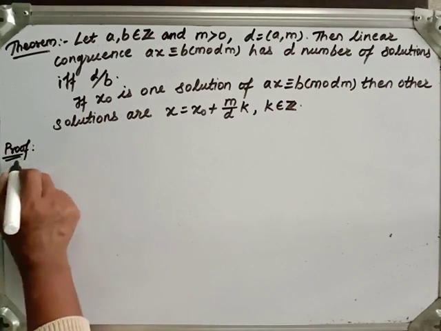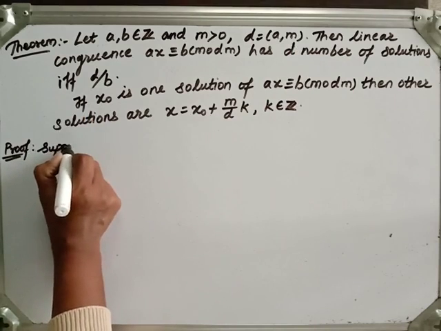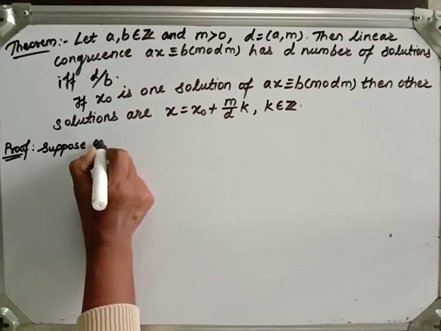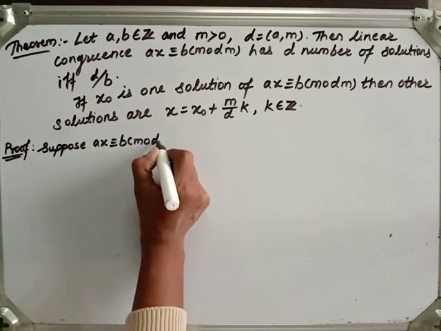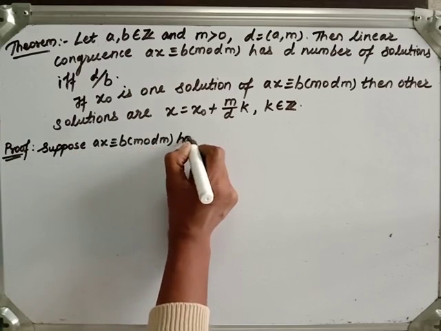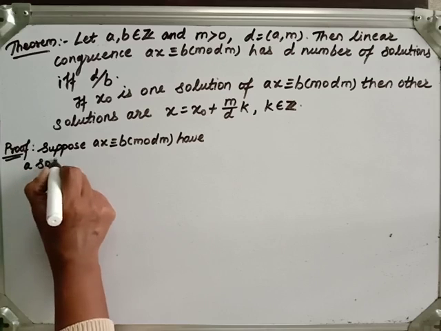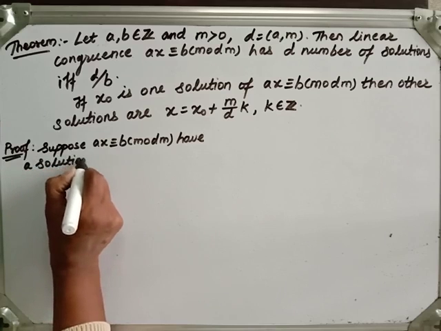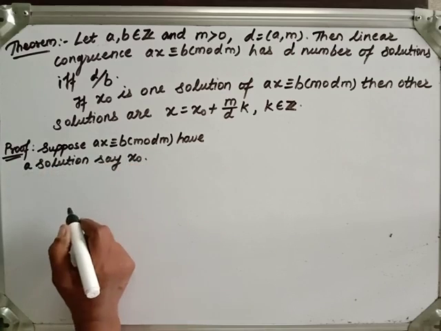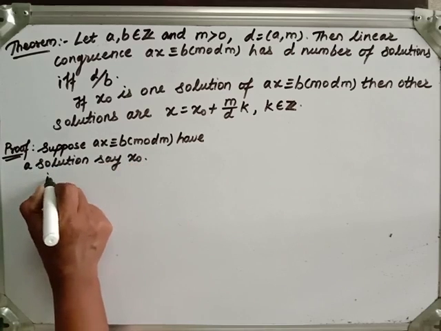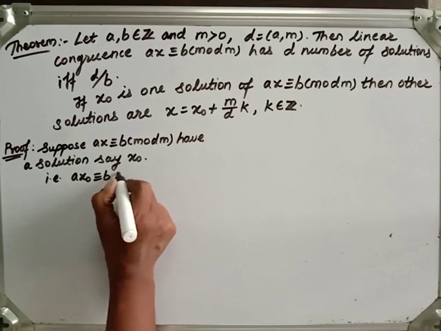So suppose ax congruent to b modulo m has a solution, say x naught. If x naught is a solution of it, that is, ax naught is congruent to b modulo m.